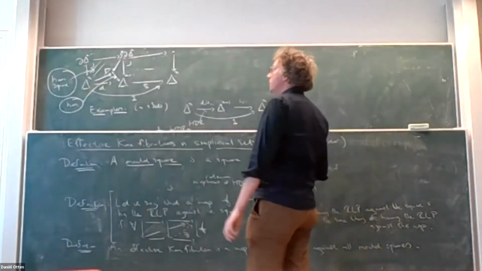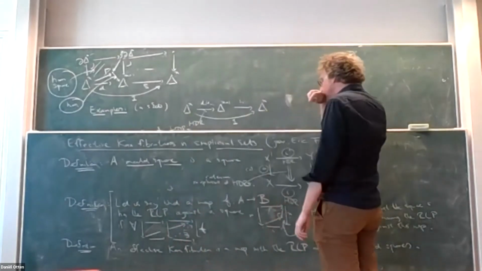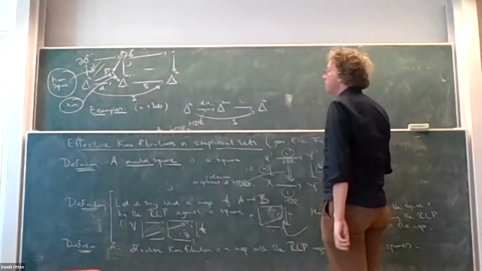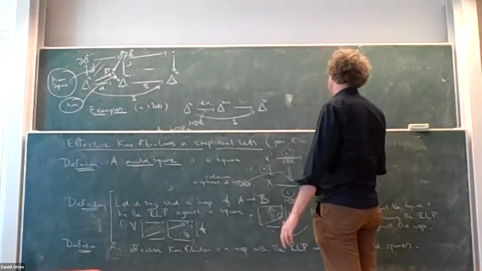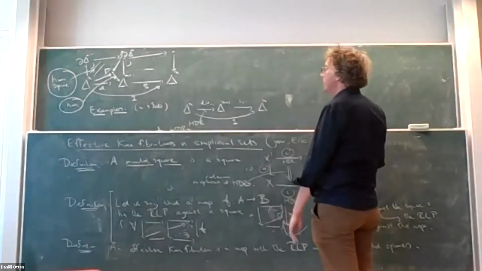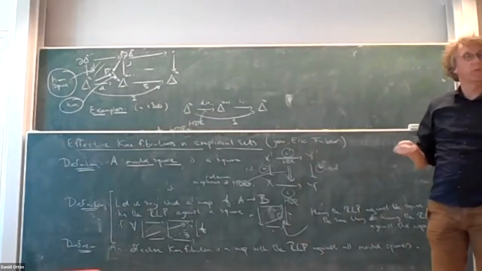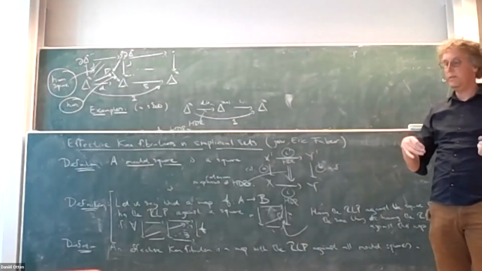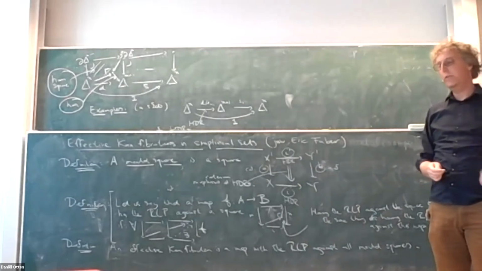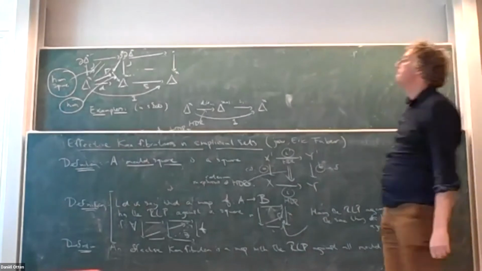But another interesting source of examples, which also comes up in the work on uniform fibrations, is the characterization of the fibrations as those maps which have the right lifting property against pushout products of a cofibration and an endpoint inclusion.